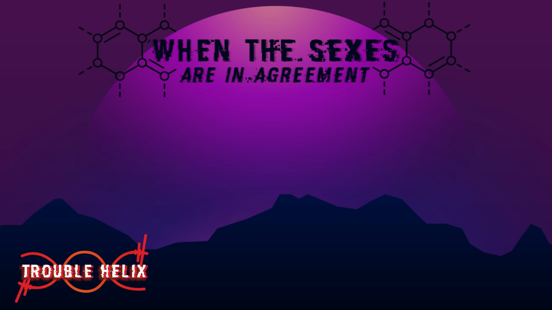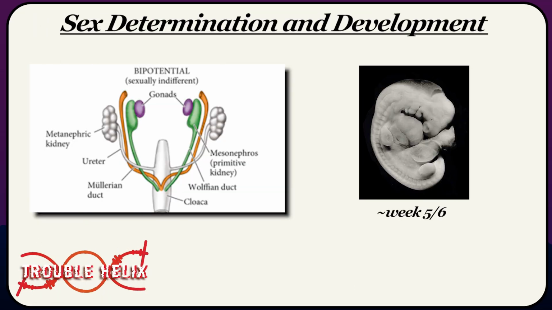Let's all think way back to when we were all fetuses around our 6th week of gestation. If you're feeling a bit weird, it's because you have all the genitals, or rather, you have the tools to make any genitalia. We have a bipotential gonad, and it has all the tubes necessary for making whatever reproductive system it wants.